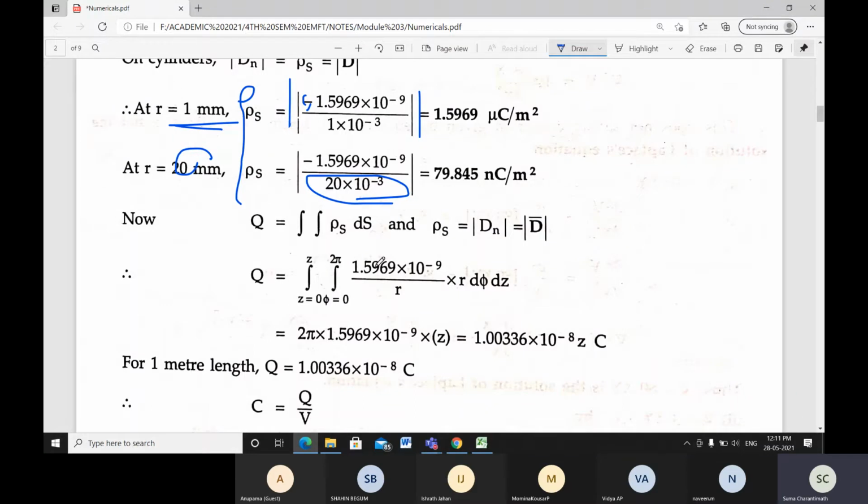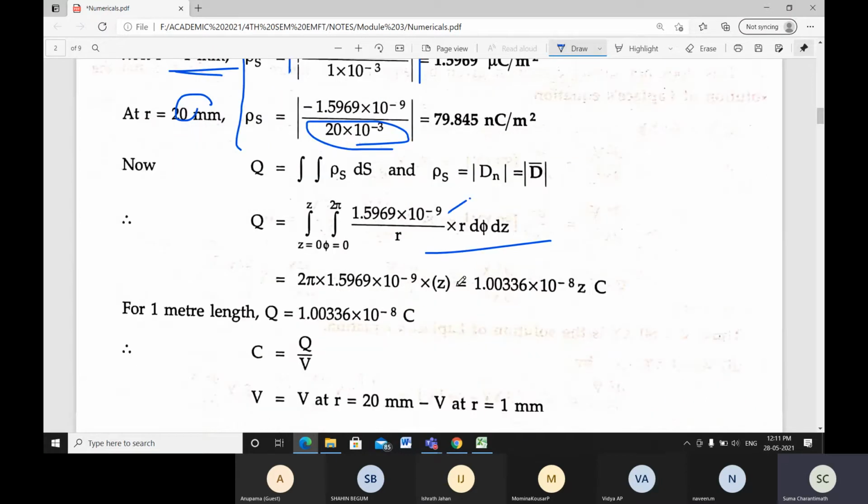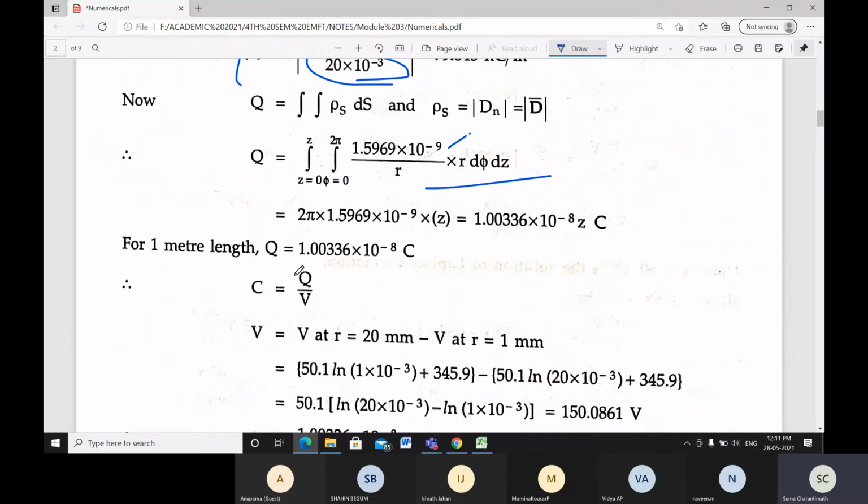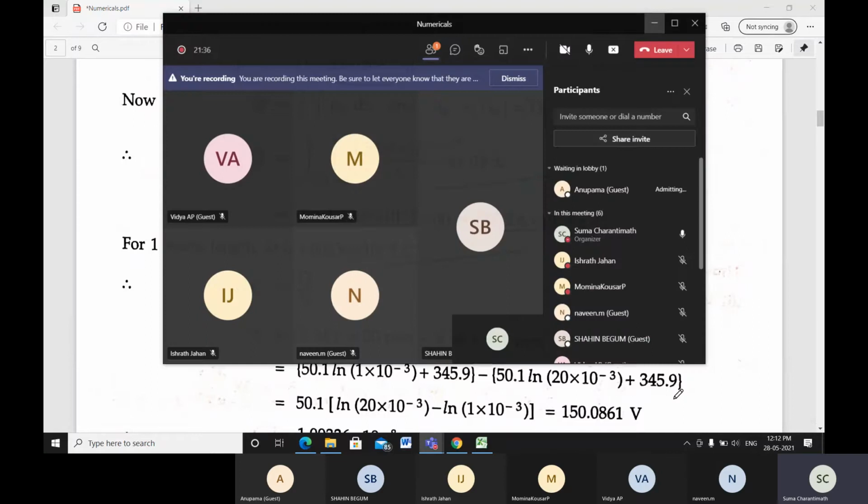Then the flux density equation you have to write here, that is 1.5969 into 10 to minus 9 divided by R into R d phi and dz. Then solve for this, you will be getting 2 pi into 1.5969 into 10 to minus 9 into z, that is equal to 1.00336 into 10 to minus 8 z coulombs. Then for 1 meter length, Q is going to be this value that we got in the z direction.